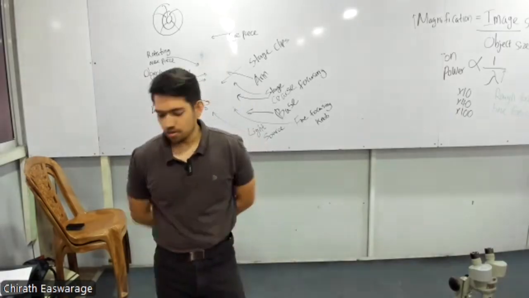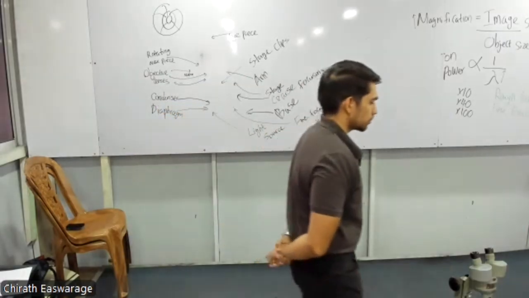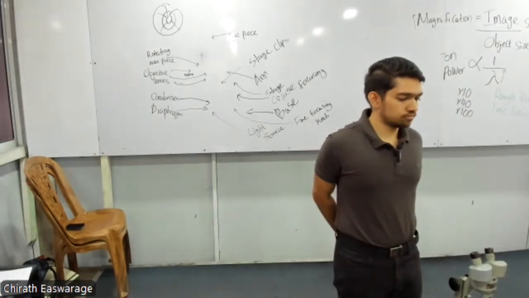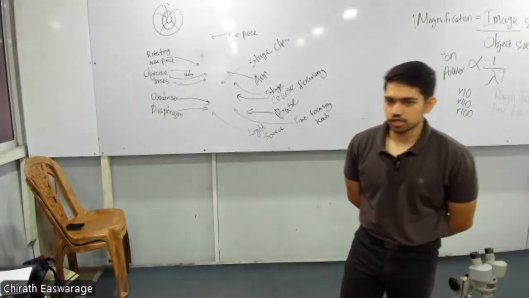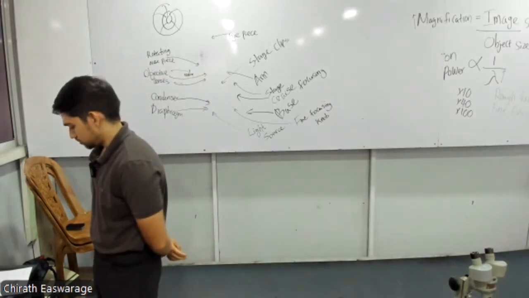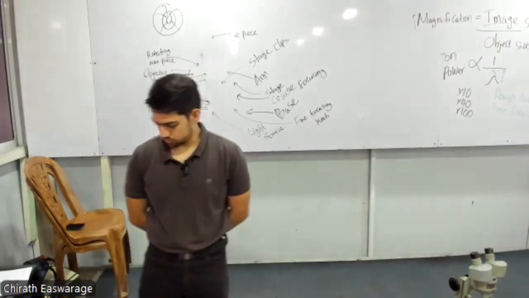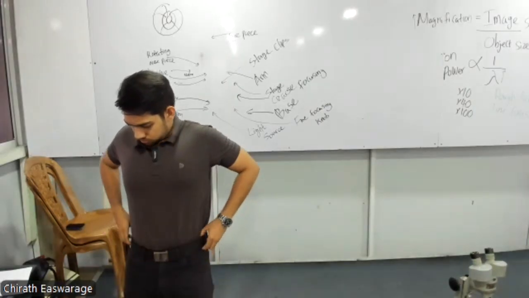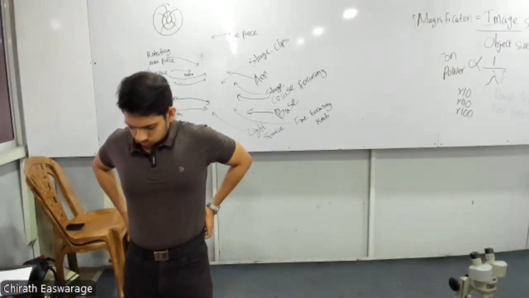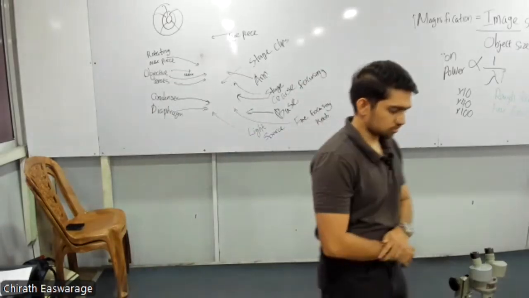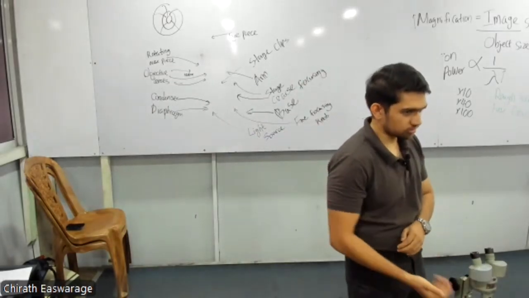Eyepiece, write down: magnifies image for the second time. Field of view is not necessary. Keep it blank, right? It's what you can see.